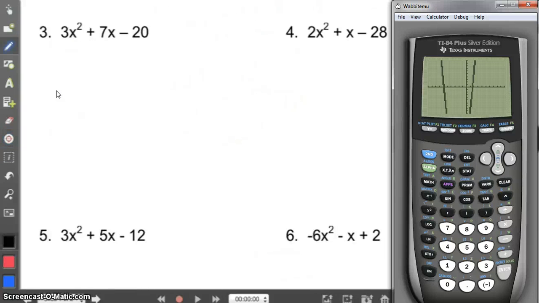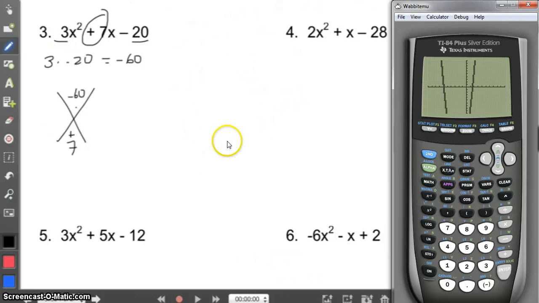So, multiply 3 and negative 20, you get negative 60. So you need to think of two numbers. When you multiply, you would get negative 60, and when you add, you would get this number in the middle, which is 7. In my pre-AP class, you put negative 60 and think of all the numbers.